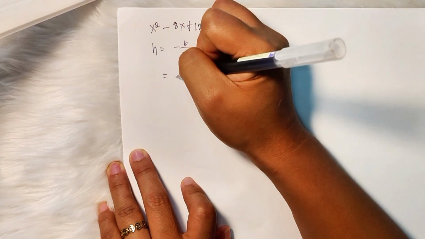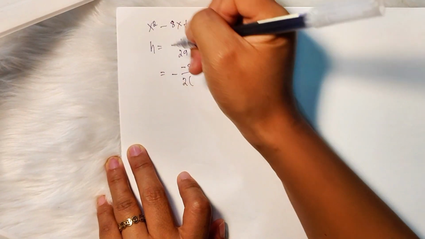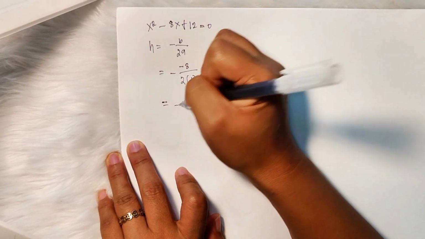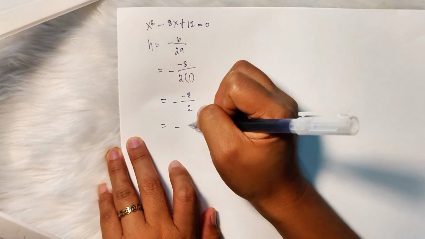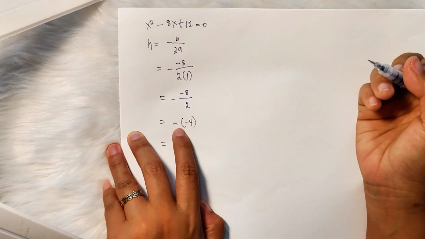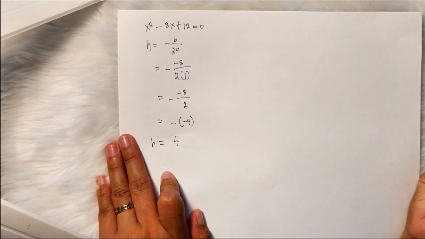Our b here is negative 8, divided by 2 times a, which is 1. So we have negative 8 divided by 2, we have negative 4. Negative times negative, we have positive 4. Our h will be positive 4.